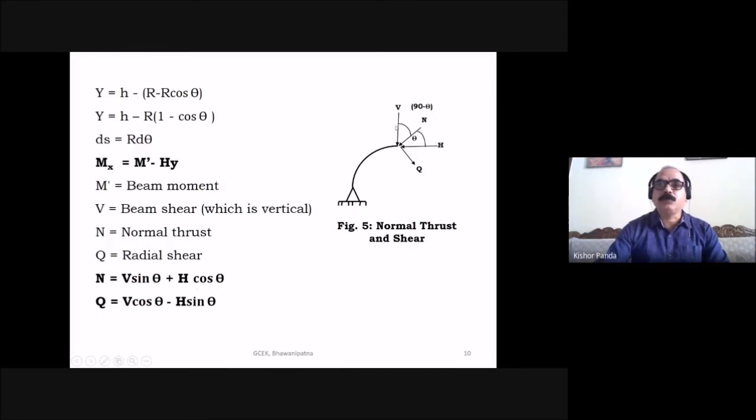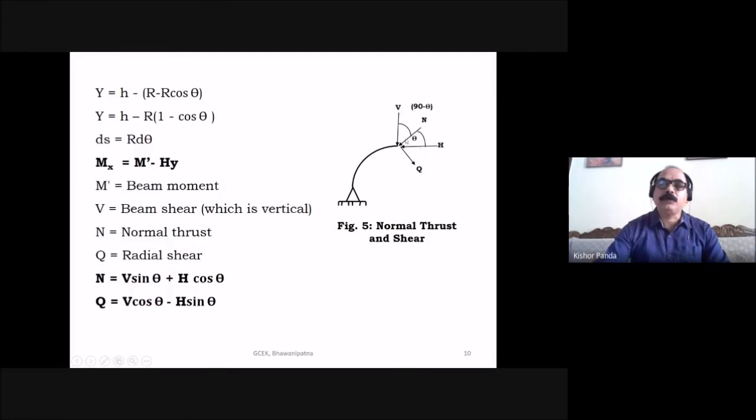Then you resolve these 2 forces along the radial shear direction, because normal thrust and radial shear are perpendicular to each other, and V and H are also perpendicular to each other. This is the angle theta, and this is the angle 90 minus theta. The angle between Q and H is also 90 minus theta.